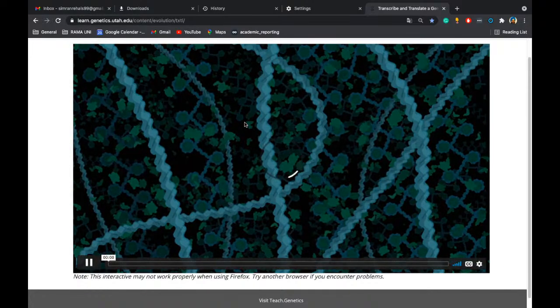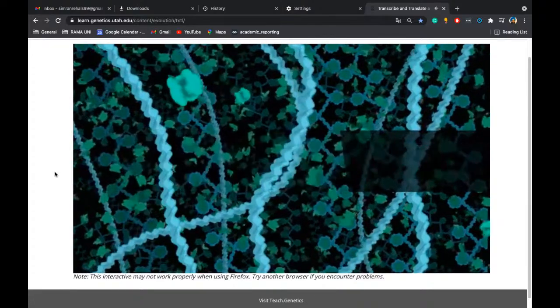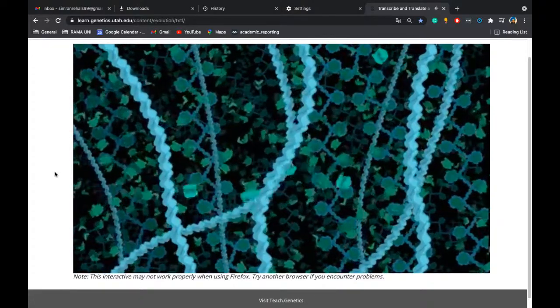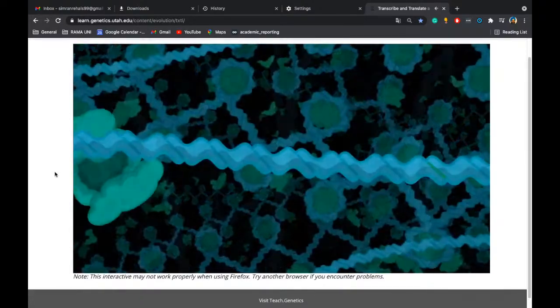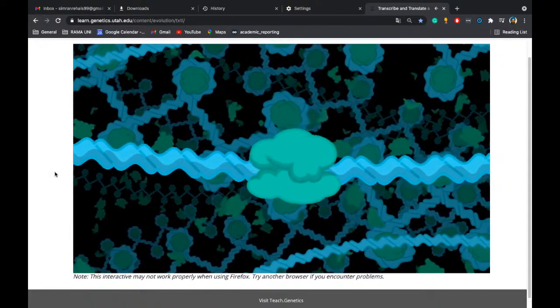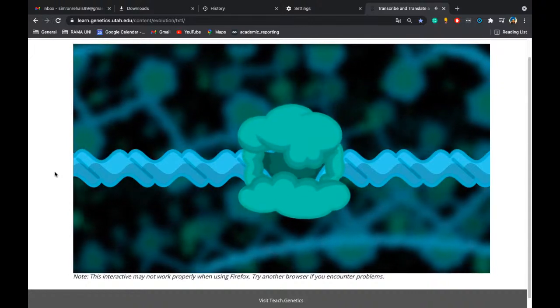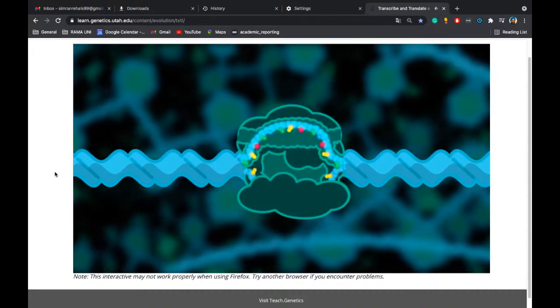Let's choose this gene. Inside the nucleus, RNA polymerase attaches to a gene. It separates the two complementary DNA strands, exposing the gene's unique sequence of bases.